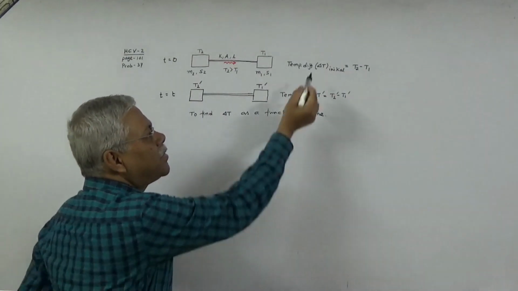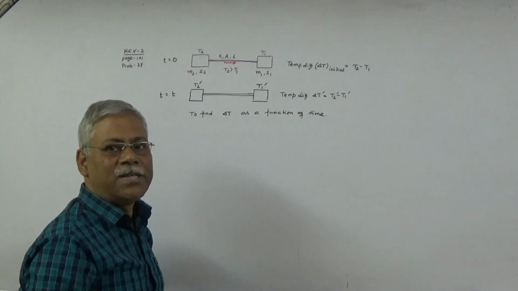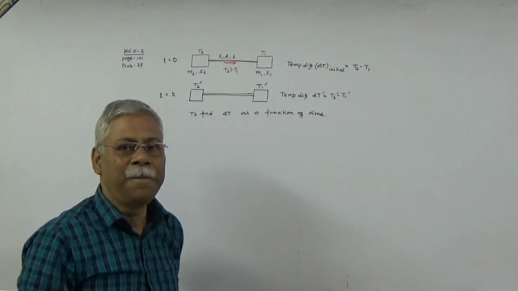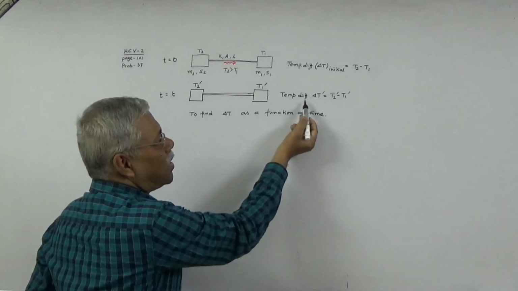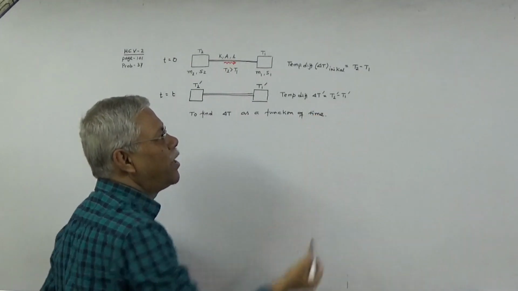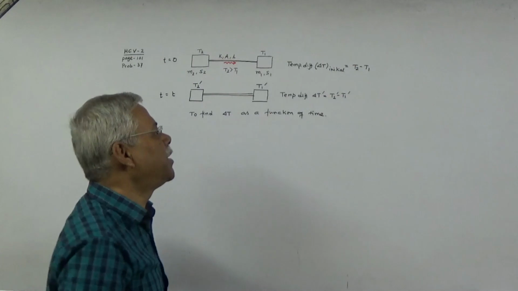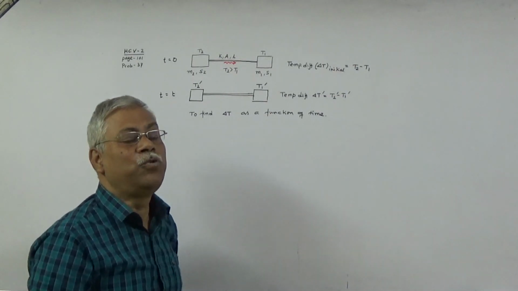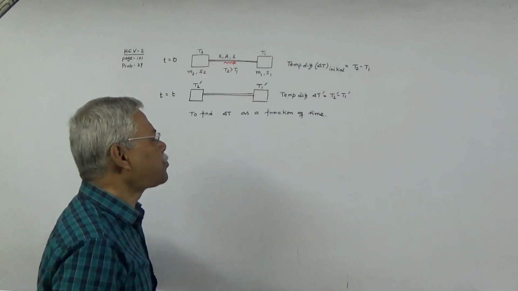I have written the value of the temperature difference at the starting instant. At the starting instant it is T2 minus T1, and t seconds after the start the temperature difference is T2 dash minus T1 dash. So the temperature difference is a variable, so we will have to use a calculus approach.